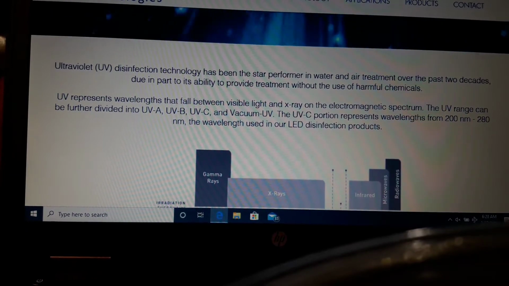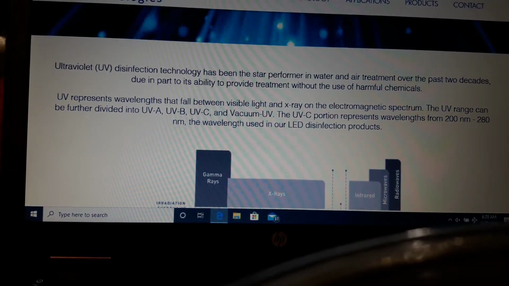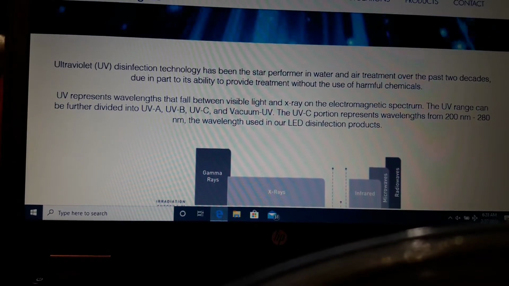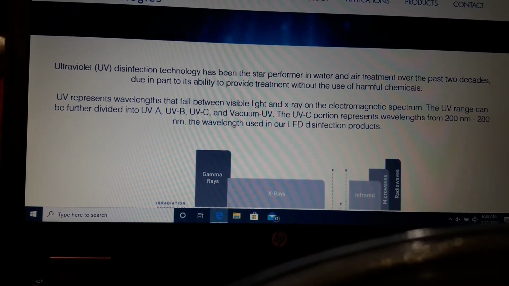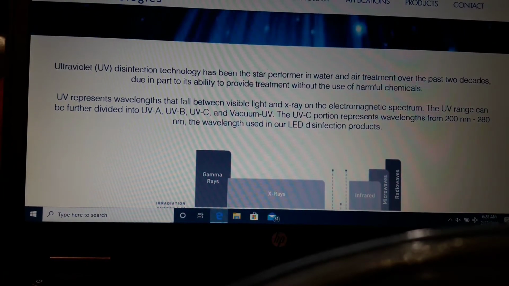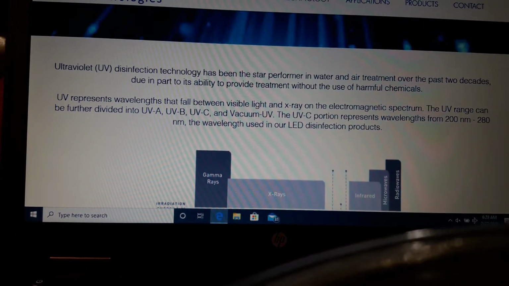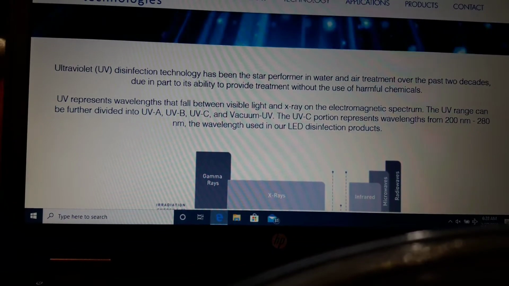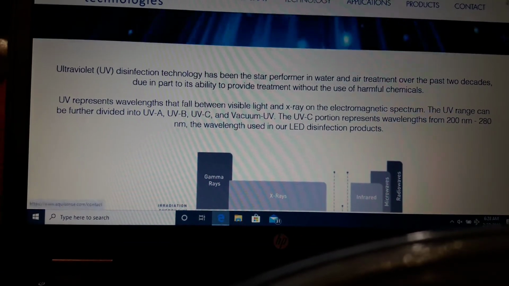The UV range can be further divided into UVA, UVB, UVC, and vacuum UV. The UVC portion represents wavelengths from 200 nanometers to 280 nanometers, the wavelength used in our LED disinfection products.